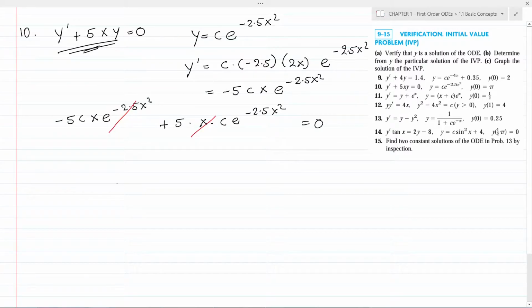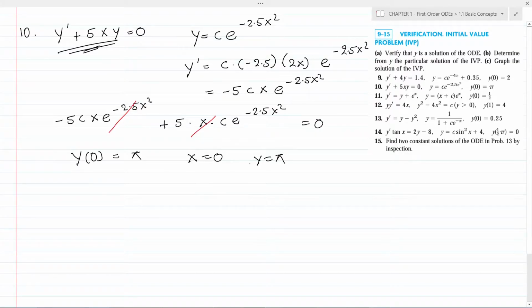Now we will put the initial value condition in this general solution to get the particular solution of the differential equation. We have y of 0 equal to pi. That means when x equal to 0, y equals pi. We will place the value of x and y in the general solution and we will determine the value of c.